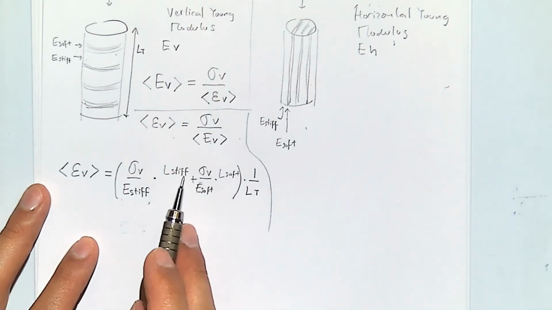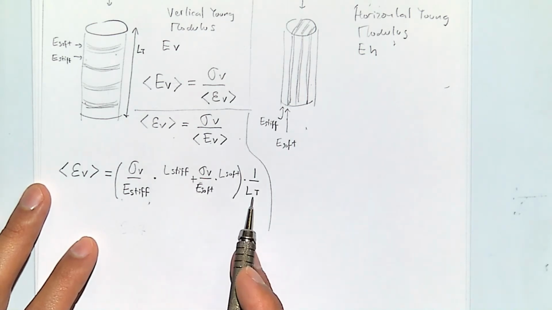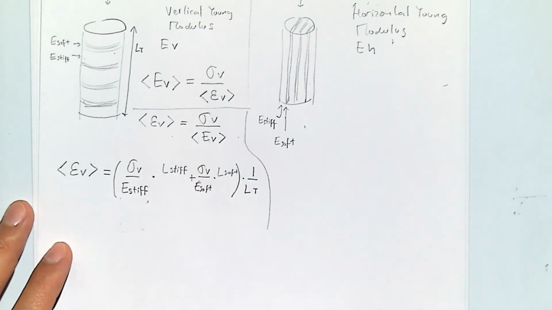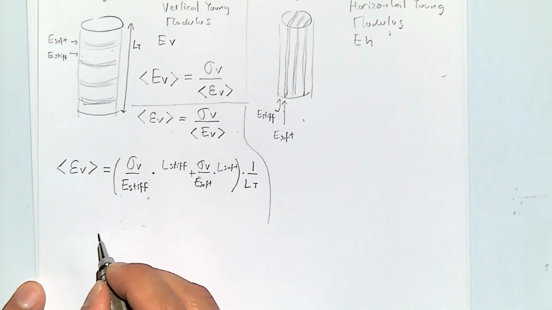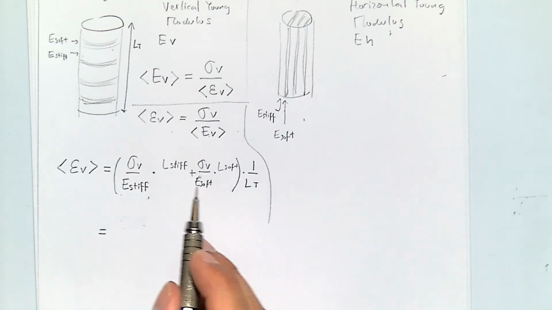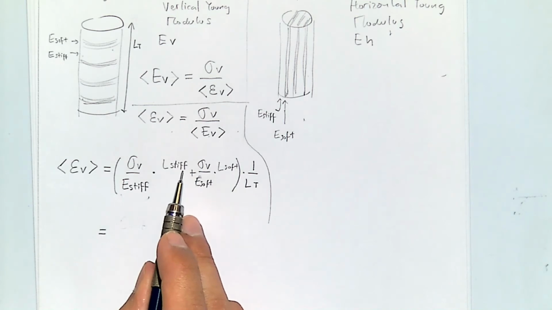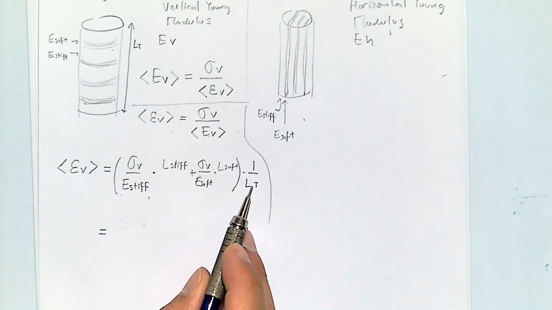So I have displacement divided total length, that should be strain, right? And if you know this from here, what is going to be the total length of the stiff region divided the total length?